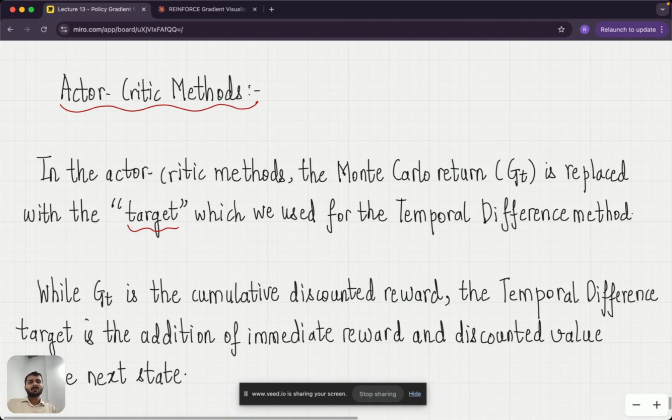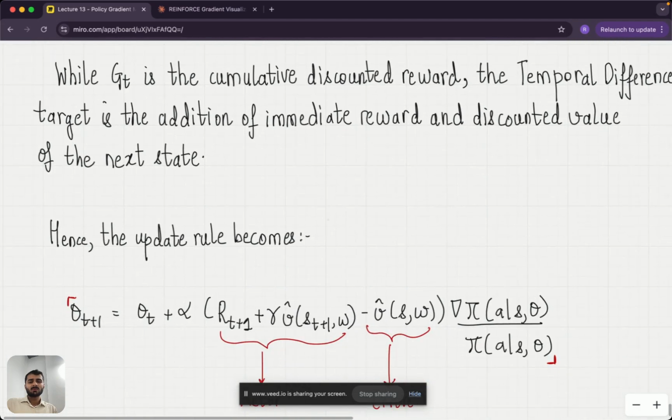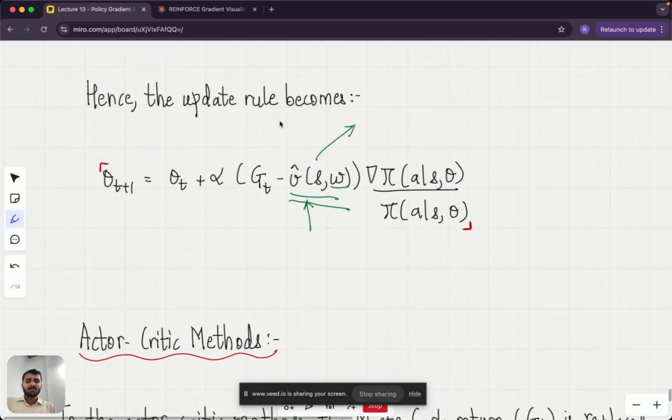In the actor critic method, the only difference is that, remember, this g of t is the summation of all the reward which the agent gets from a particular state till the end of the episode. So I cannot update my policy parameter until I reach the end of the episode.